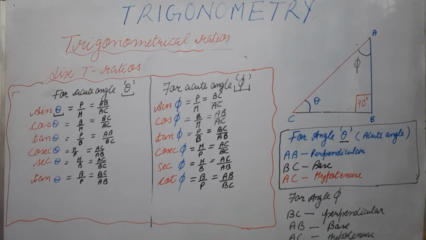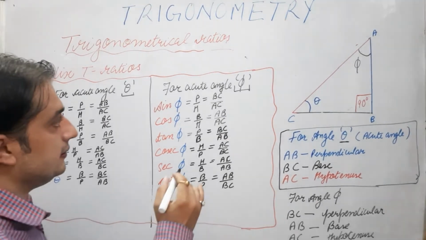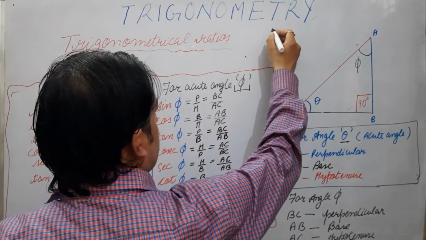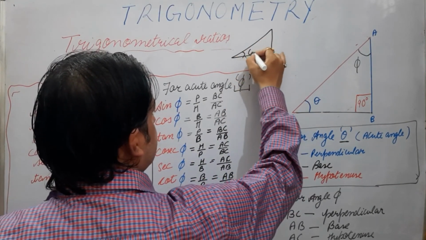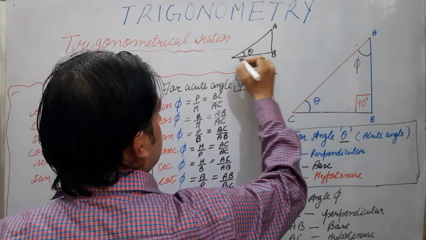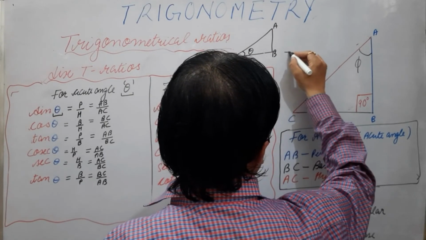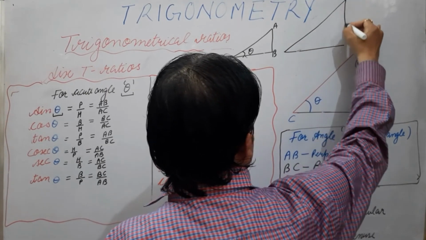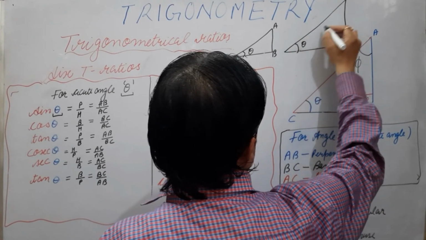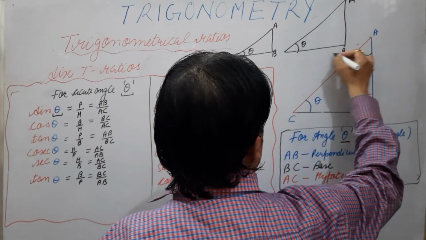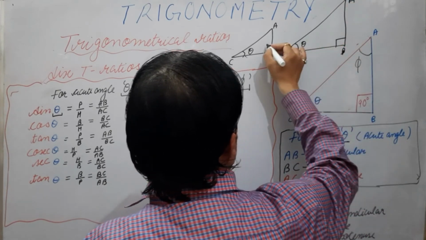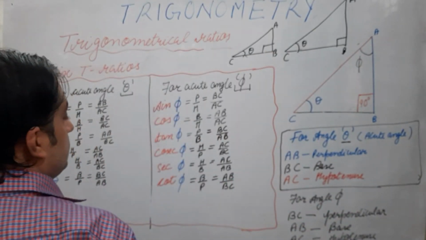If you increase the length of the side, if you increase the base or the perpendicular, the angle remains the same. If I have a triangle with angle theta, or another triangle, these are two triangles.